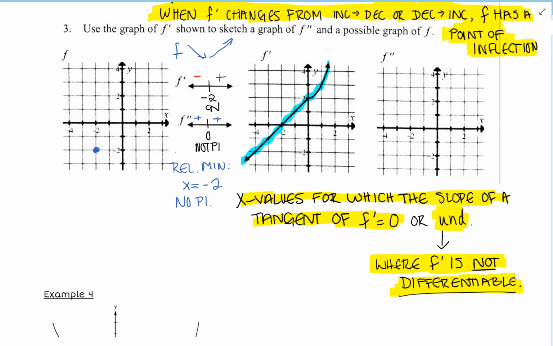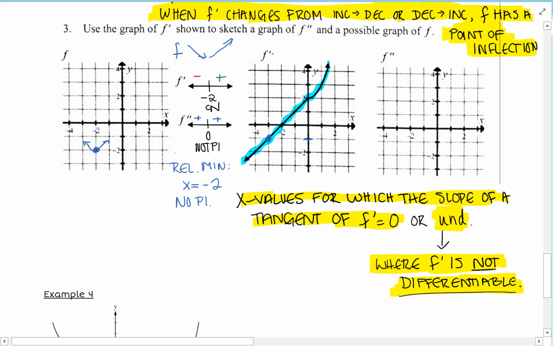Knowing x equals negative 2 is a relative minimum will help me know the behavior on either side of negative 2. And I'm going to guess the stretch, or how far it goes up, based on the slopes of f that are given to me by the f prime graph. So the slope at negative 3 is negative 1, right?